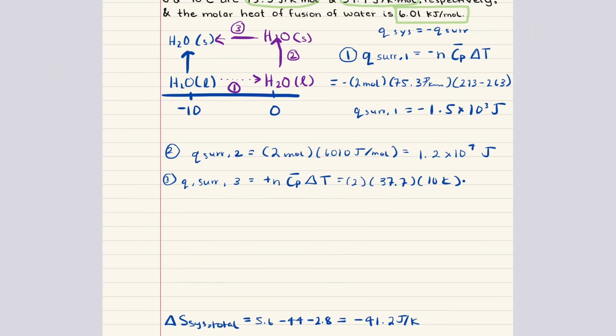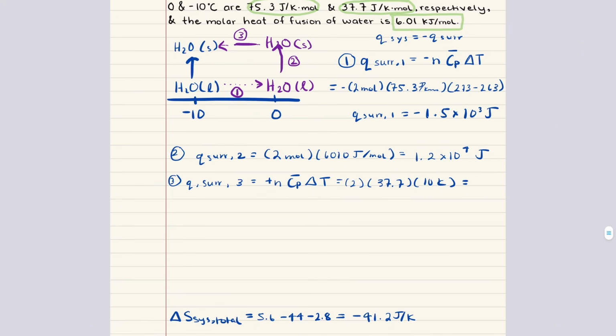Then we're going to add up all of the Q surroundings total. So negative 1.5 times 10 to the 3 plus 1.2 times 10 to the 4 plus 7.54 times 10 to the 2. And that is approximately 1.1 times 10 to the 4 joules. With this value, we can calculate the change in entropy of the surroundings at negative 10 degrees Celsius or 263 Kelvin.